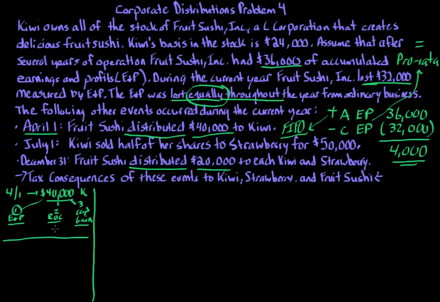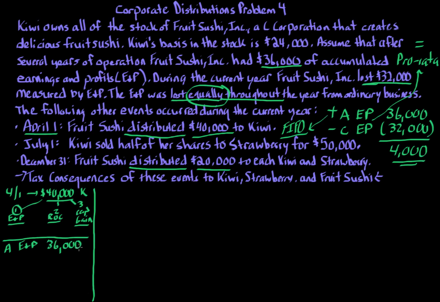The way to do this is, well, we have a $40,000 distribution. There's $36,000. Because accumulated EMP is FIFO, and this is the first one, our accumulated EMP is going to be that $36,000 because that flows over.